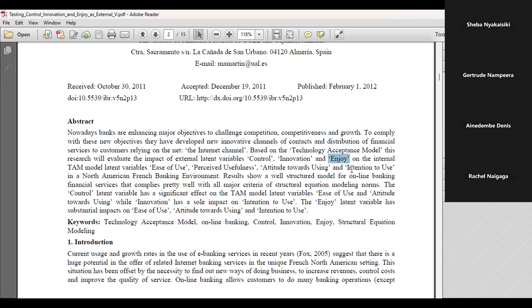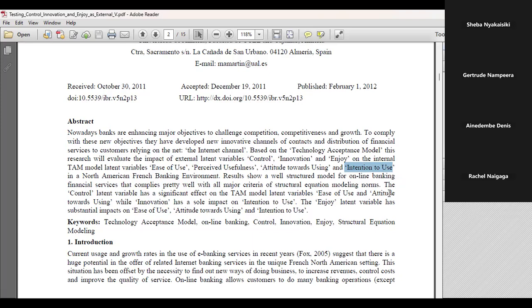And if it does exist, is it influential enough to drive one to intentionally use this application, because I find it more enjoyable going online than standing in front of a teller? I think Dennis put it well. This research would also be really good for understanding age brackets.